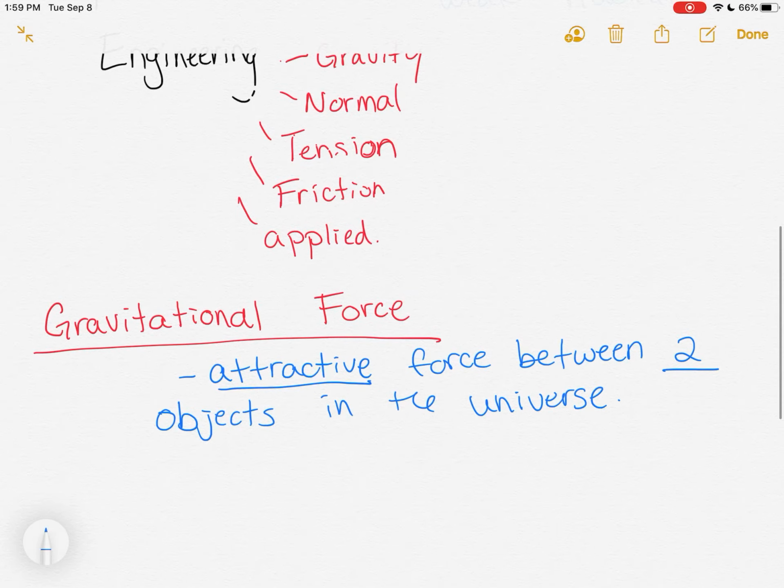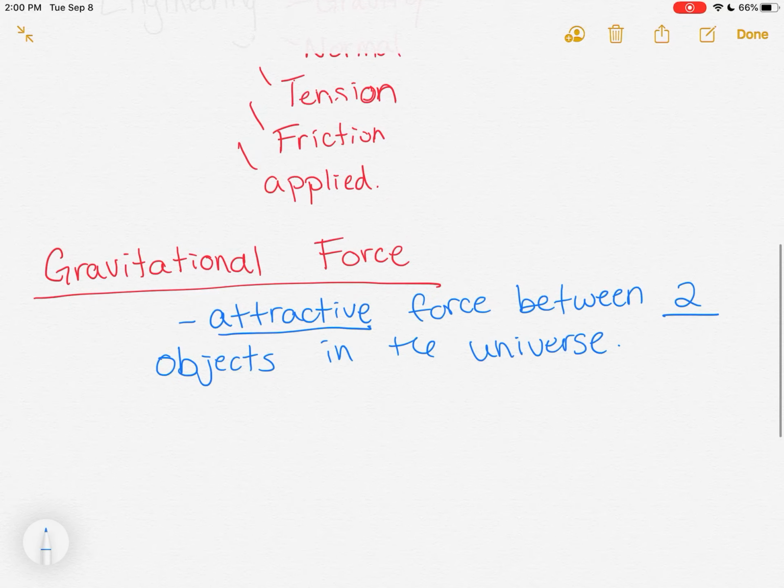Okay. So when we look at our engineering forces, I forgot to give you the symbol for gravitational force.